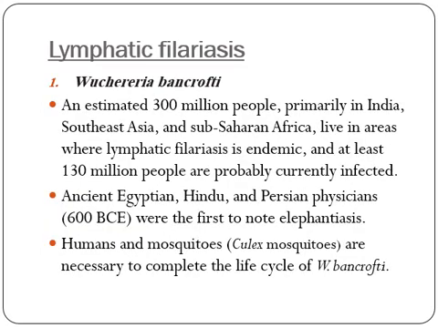Lymphatic filariasis is caused mainly by Wuchereria bancrofti. An estimated 300 million people, primarily in India, Southeast Asia, and sub-Saharan Africa, live in areas where lymphatic filariasis is endemic, and at least 130 million people are probably currently infected.